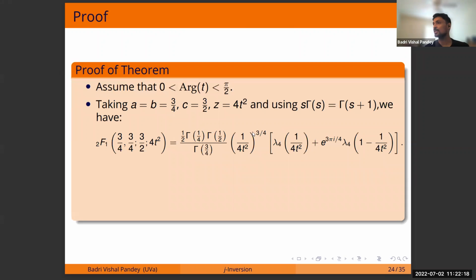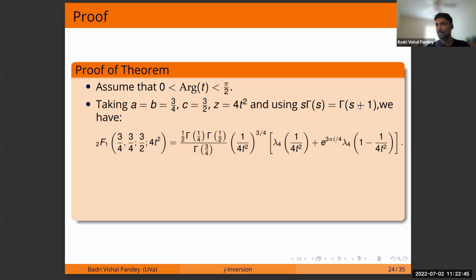In the shorthand notation that we defined, 2F1 at these parameters is equal to some ratios of gamma functions times this factor. And this is why we are restricting our argument to be between 0 and pi/2. This factor comes out, and you are left with lambda 4 of 1 upon 4t squared plus e to the power 3 pi i upon 4 times lambda 4 of 1 minus 1 upon 4t squared.